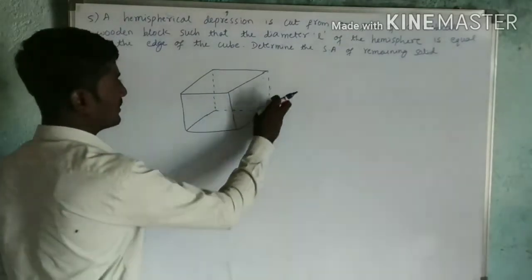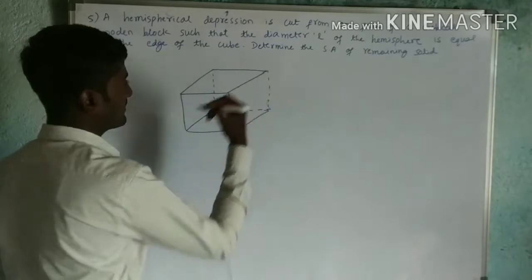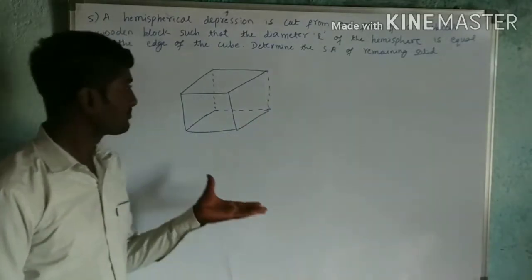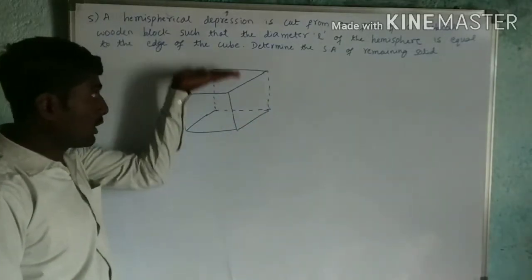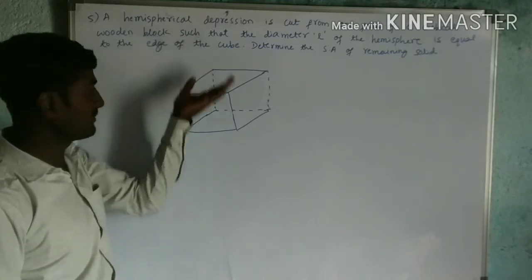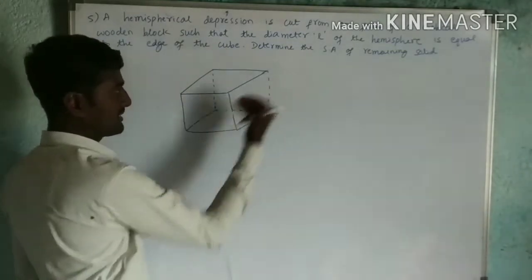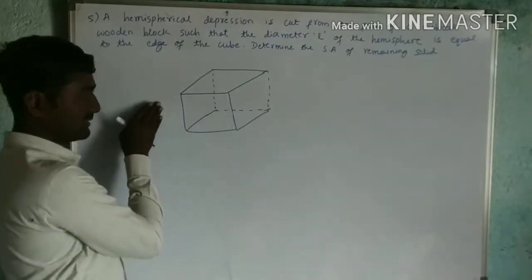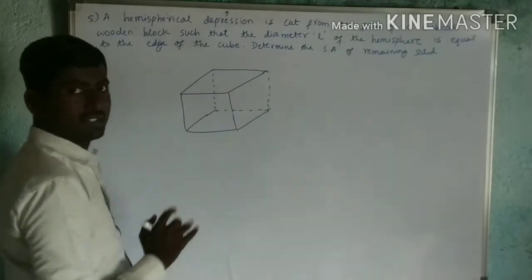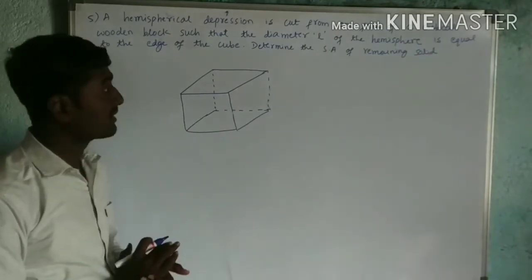Yes. So here the top. This is the top face of the cube, and this is another face. Back side face is that. This is front face. This is left side. Okay. So let us take this as a cube.